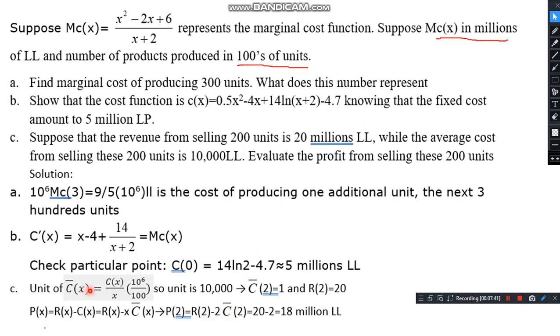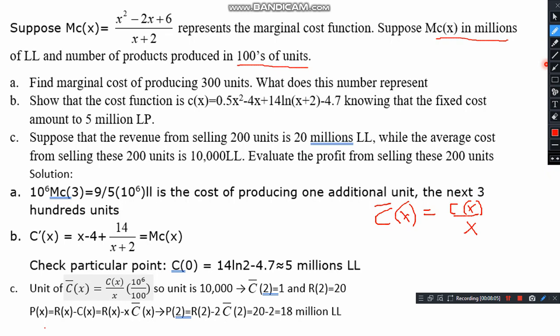And I want C bar of X, which is C of X over X, and C of X is X C bar. So X here is 2. And C bar of 2 is 10,000. Why? We need to find the unit of C bar. We know that C bar of X is C of X over X, right?